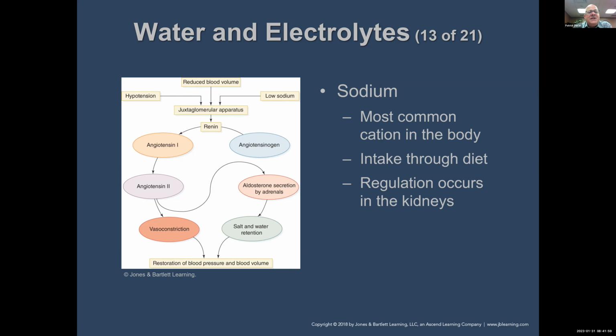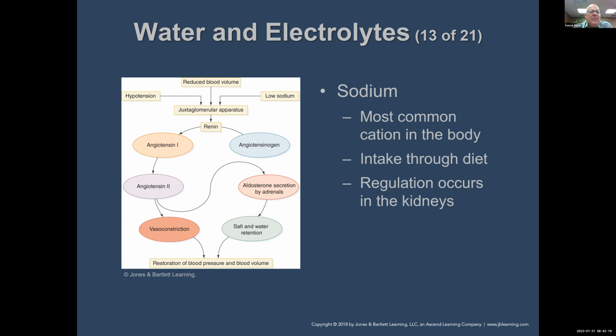And then renin gets converted to angiotensin 1, right? So it pulls it over. It gets converted to angiotensin 2 in the liver, okay?